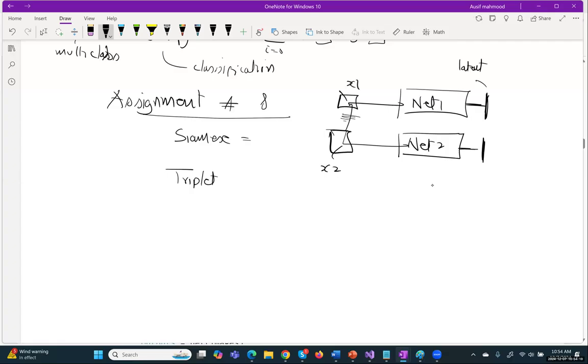So the idea in the Siamese networks was, if X1 and X2 belong to the same class, then suppose I call this embedding 1, and this embedding 2. E for embedding, which basically means it's a vector.